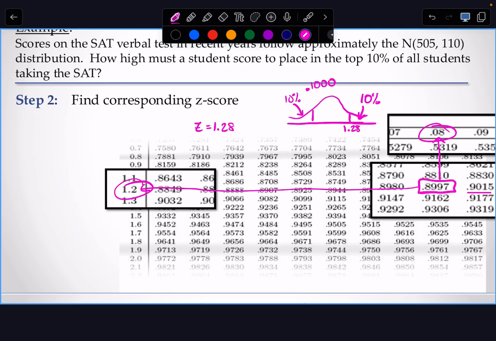When we looked up the 90%, that's the true percentage we were looking for, we got a z-score of 1.28. When you look up 10%, what do you get? Negative 1.28.